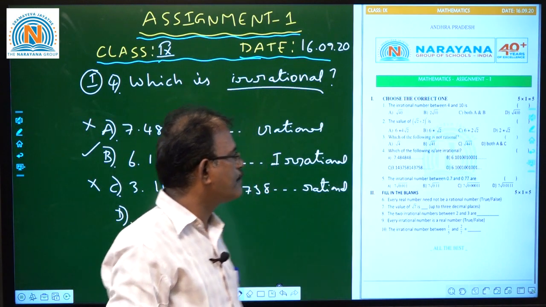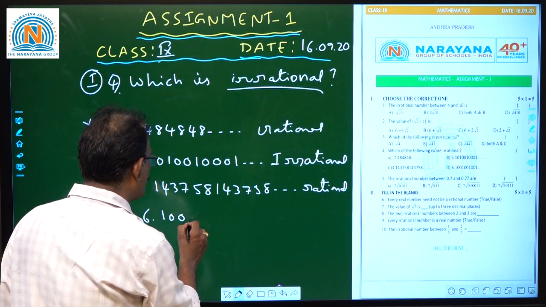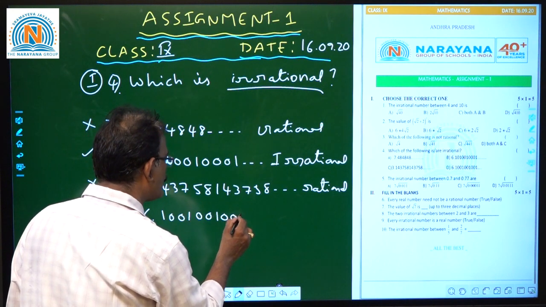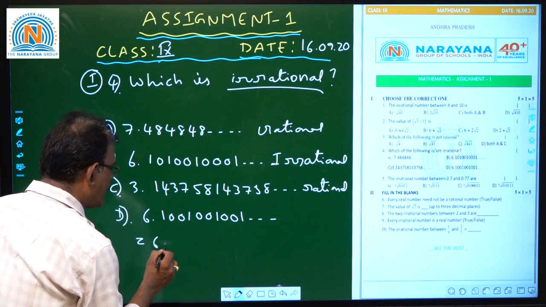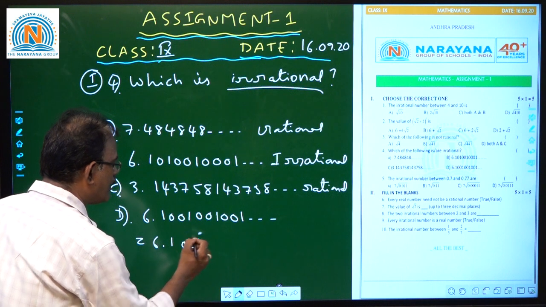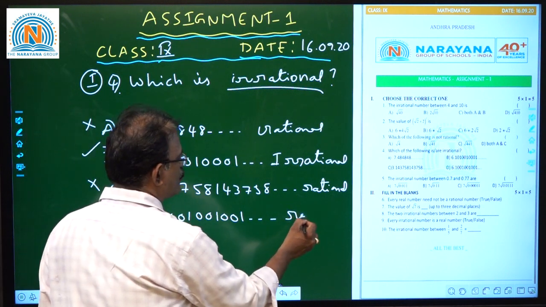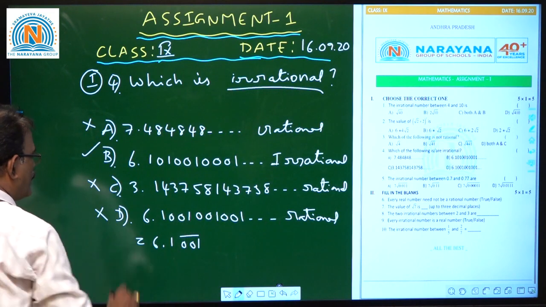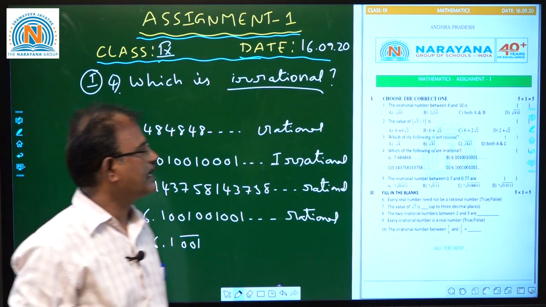If you see the D option, this is 6.100100100 1 and so on. After 001 we can fix the periodicity. As it is repeated, it is also rational. As we want irrational, we can reject D also. So among the four options, B is the correct answer.